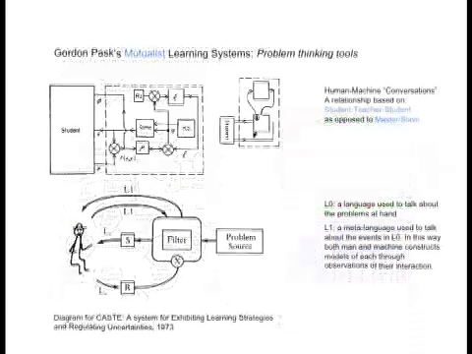The bottom diagram is actually explanatory of the top diagram. So fundamentally, in any kind of interactive system, you basically communicate with a machine. That's language L0, where the machine communicates to the student, and the student responds and communicates with the machine.